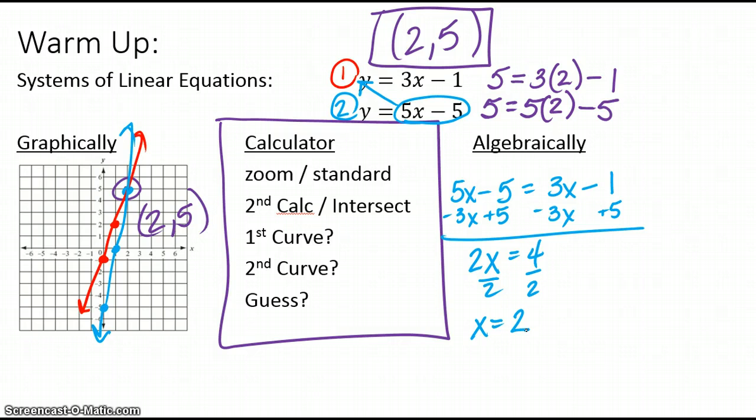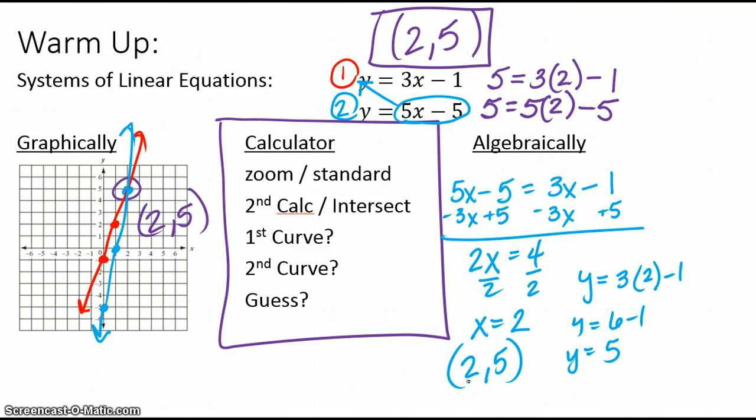And then to find the y coordinate, we plug it into either one of the equations. They will both give you the same answer, so y equals 3 times 2 minus 1, which is 6 minus 1, so y equals 5, and there we have our point (2, 5), which is clearly the same thing we got when we did this graphically.